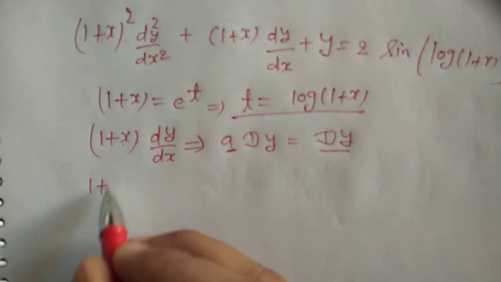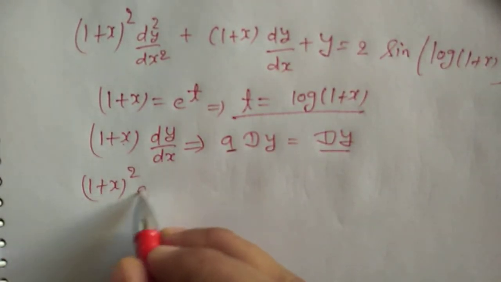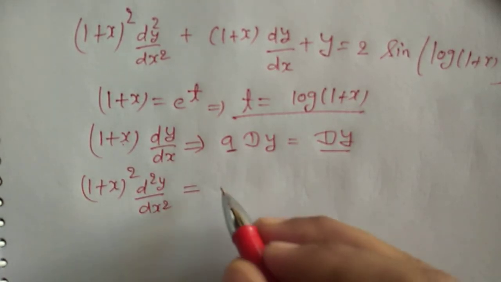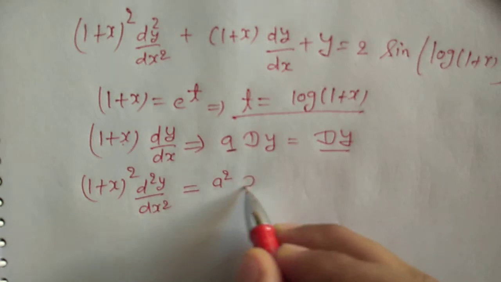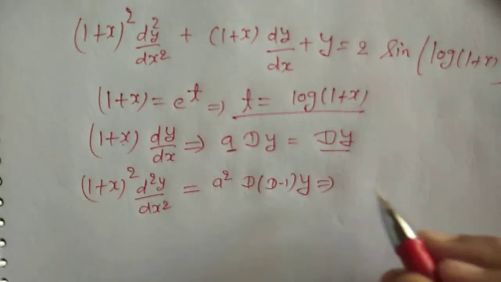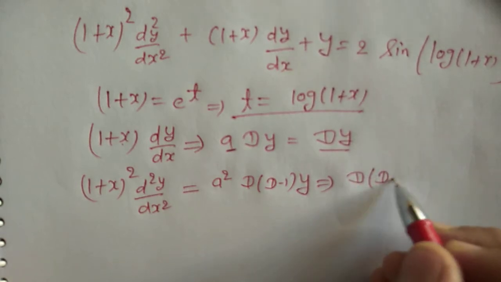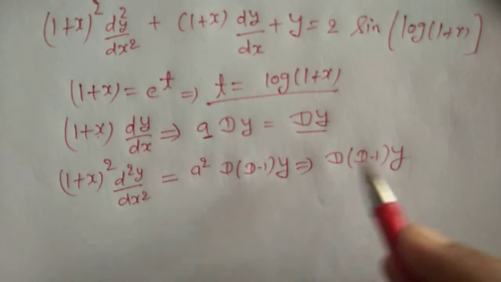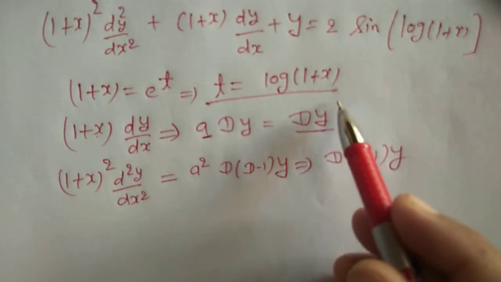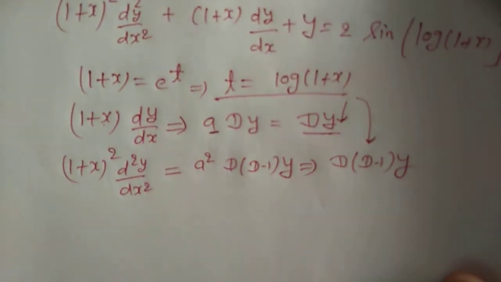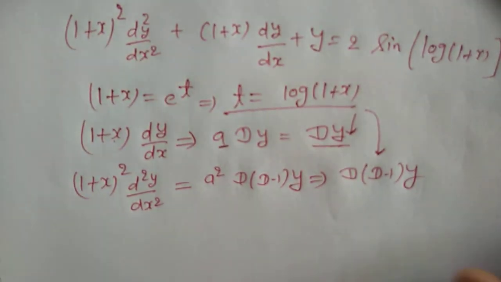Now 1 plus x whole square d2y by dx square equal to a square D into D minus 1 y. Since a equal to 1, this is nothing but D into D minus 1 y. By using this transformation we can reduce it to a differential equation with constant coefficients.